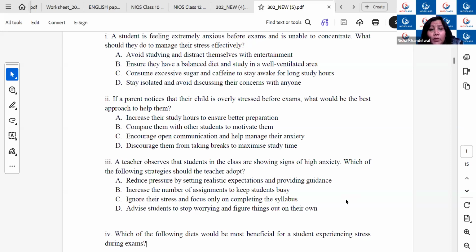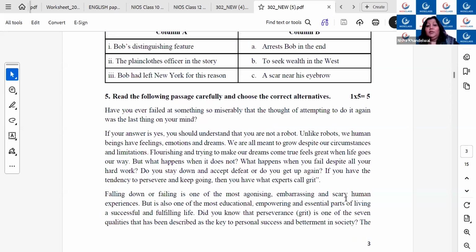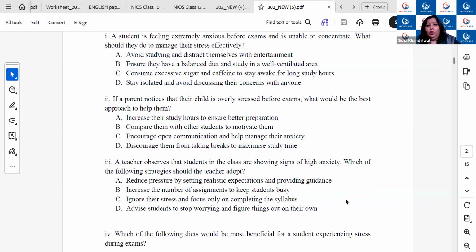What they need to do is read the question first and then the paragraph. Then again read the question and then the paragraph. So the second time when you read the passage, you will get the answer or you will get the idea that this part is related to this question. Then you can be very precise. So this is the trick to solve the comprehension questions a little quickly.